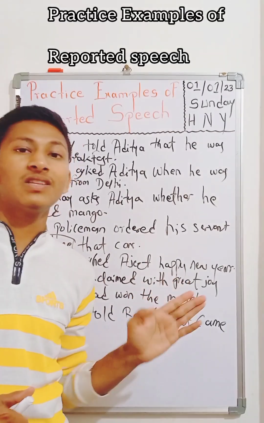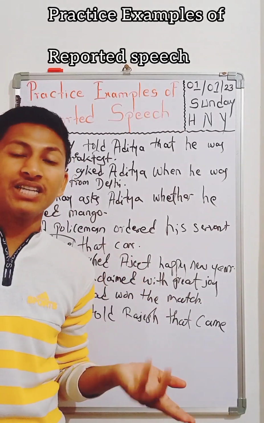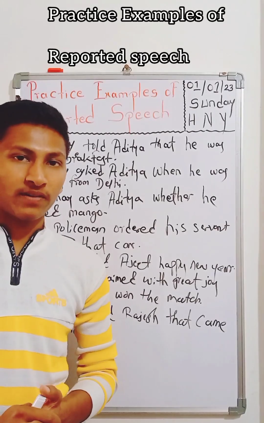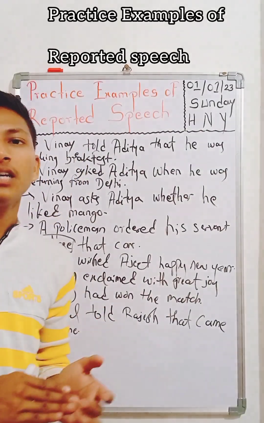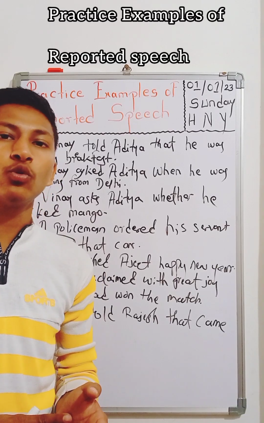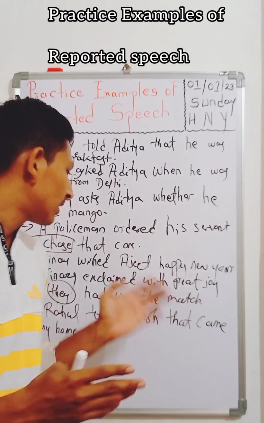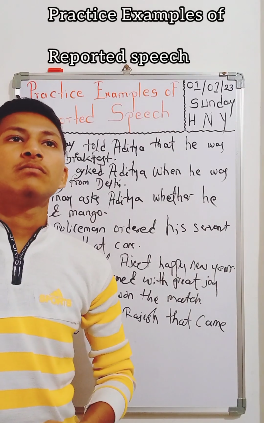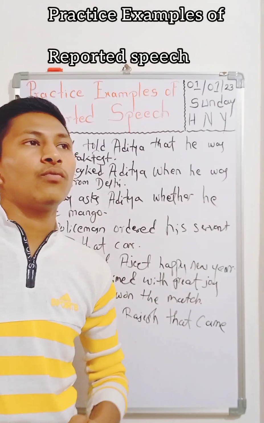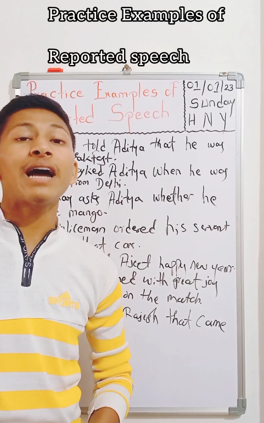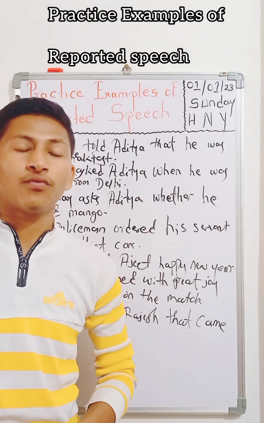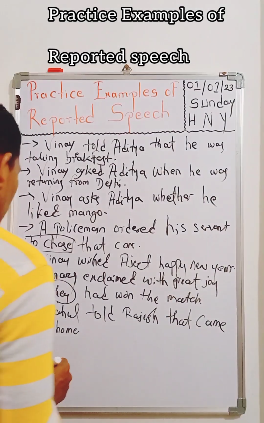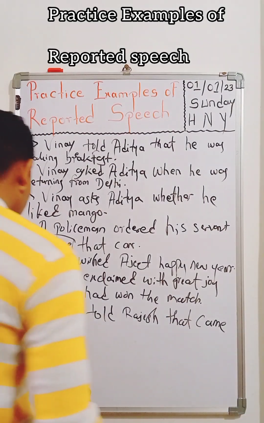Ajit said to Vinith, "Where are you from?" Now how should we change that into indirect?